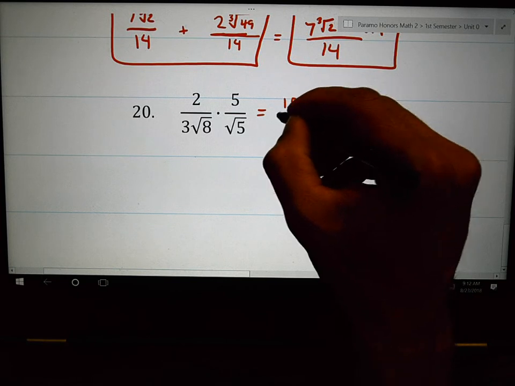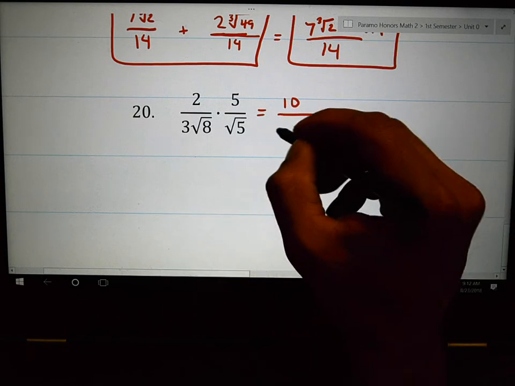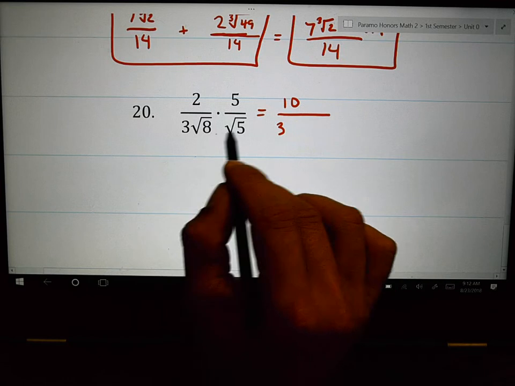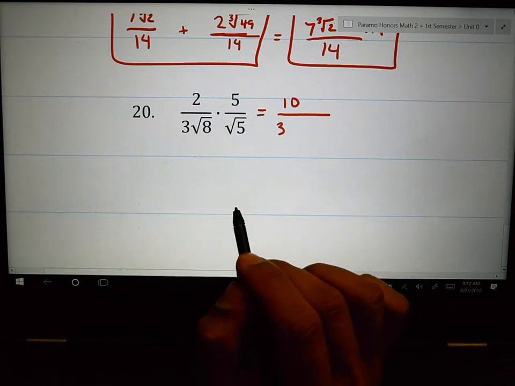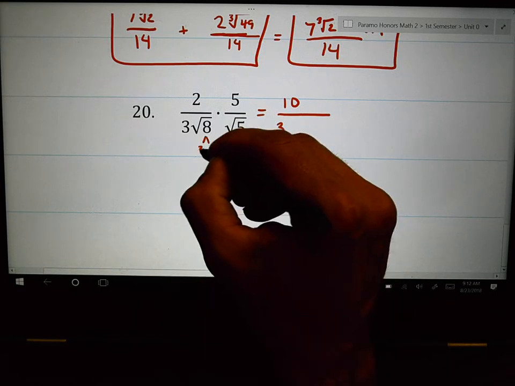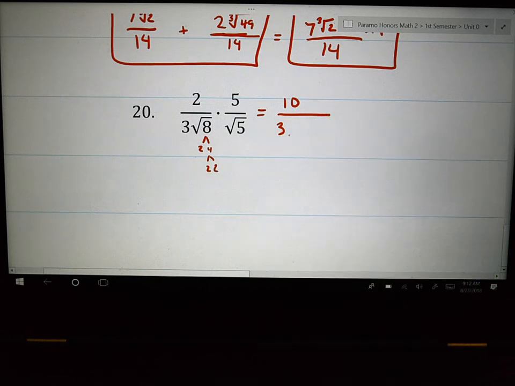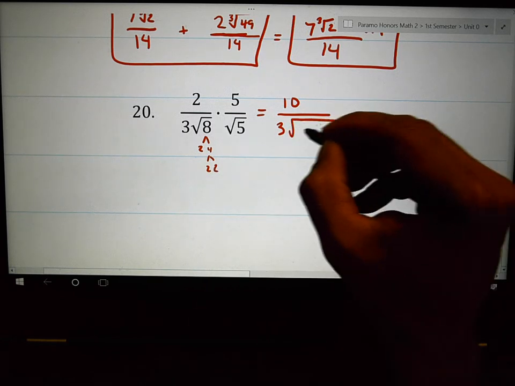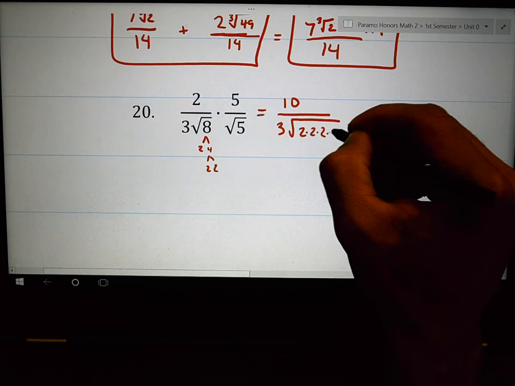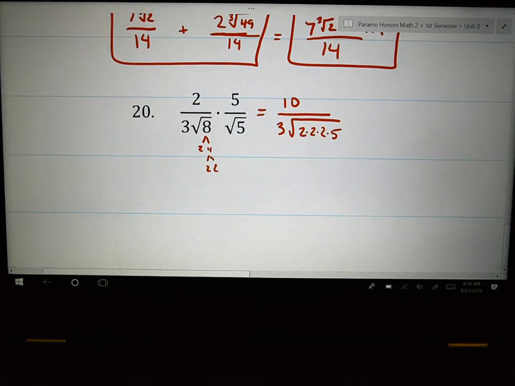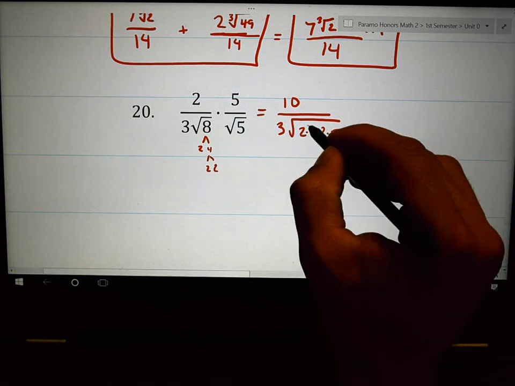I have 3 on the outside. But before I multiply the 8 and the 5, I'm going to break apart the 8 into those numbers. Then what I'm going to do is I'm looking for a pair so I can simplify. I'm going to pop out a 2.